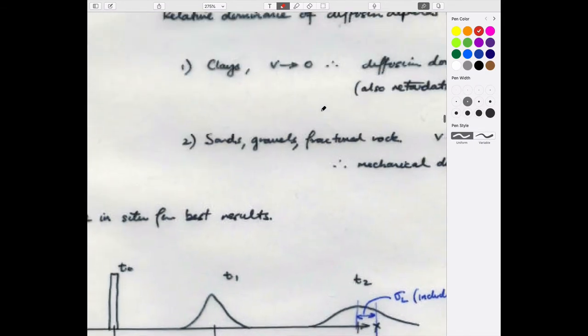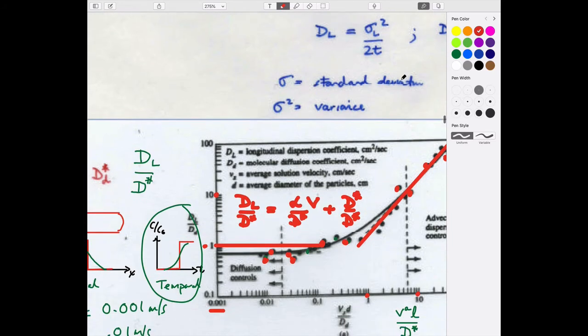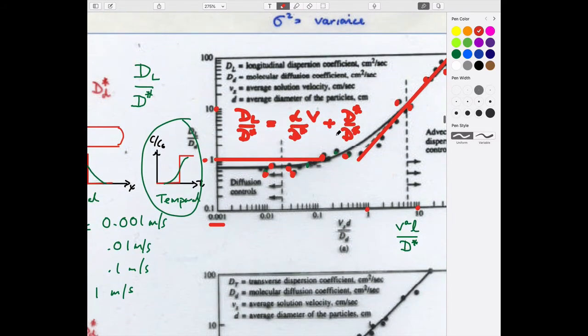But otherwise, if I take this equation here, and if I divide both sides through by d star, that's all I've done, then this is the expression you get. This clearly is 1, which is this equation here. And it happens to be 1 because velocities here are very small.